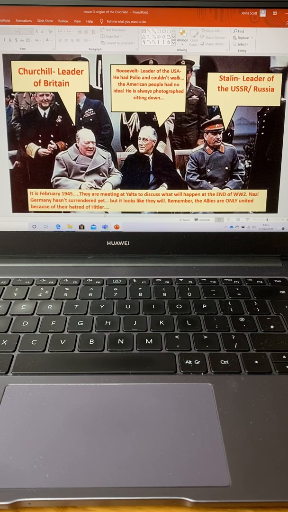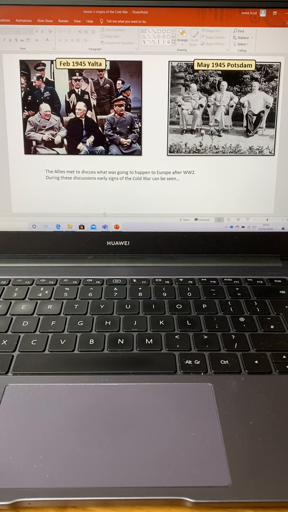So these 3 key individuals, remember they were friends in World War II, but friction and tension is going to start to show between them. So there were a set of 2 meetings. We just talked about that picture here, and that's February 1945 at a place called Yalta. And then a couple of months later, in May of 1945, the big 3 met again.